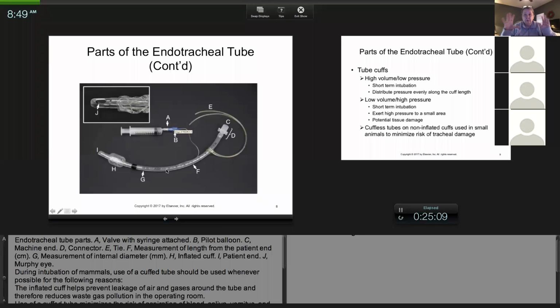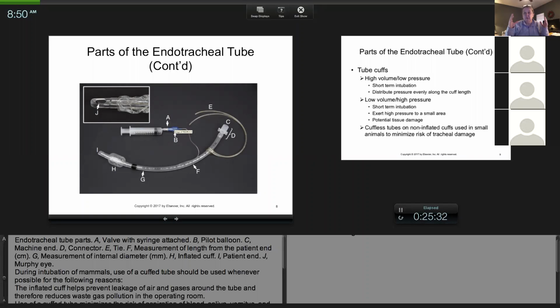That doesn't really pertain. When you put a tube in, we're going to stop at the thoracic inlet. Now you could measure it and say, oh, the end of their mouth is at the 30 centimeter mark. Sometimes I'll use that number as a guide on how far, because usually I measure my tube on the outside of my patient to get an idea of how far I'm going to put it in.